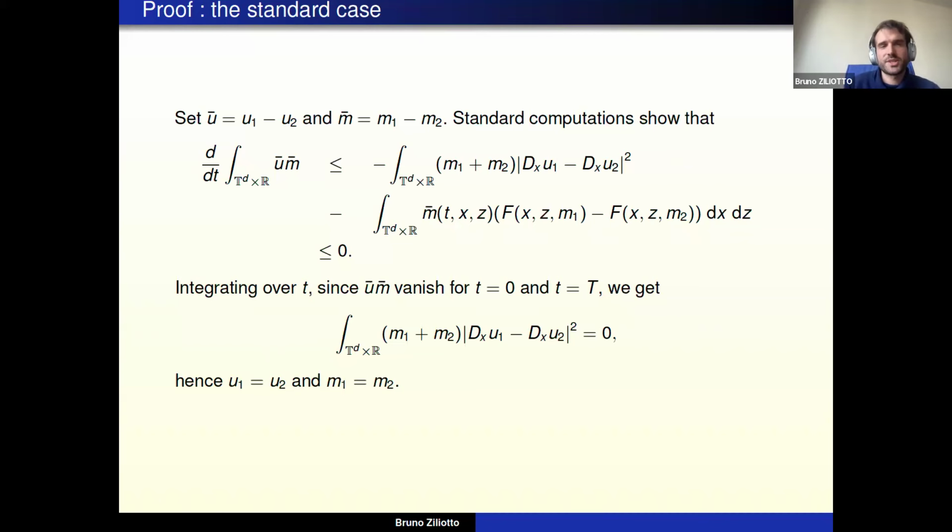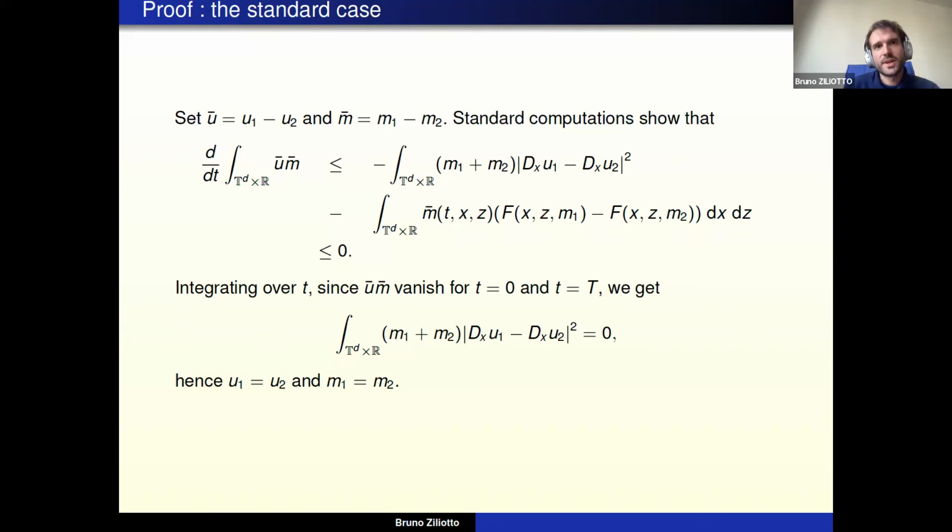You get relations between the derivatives of U1, U2, M1, M2 and other quantities. When you do integration by parts, you prove this inequality, where the first term is negative, and the second term is exactly the monotonicity condition, which we know is negative. Then you integrate the derivative over t.